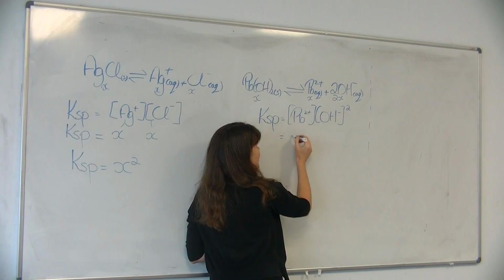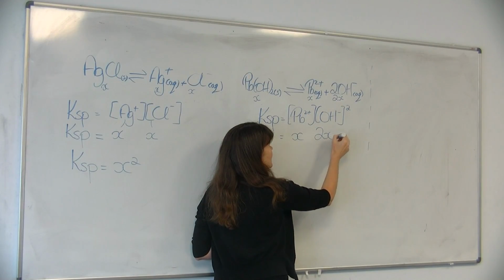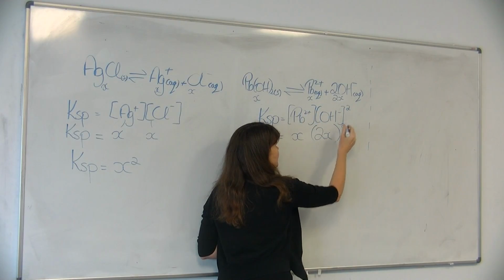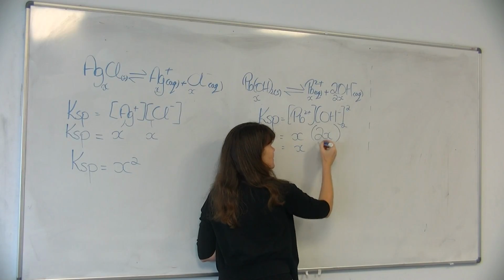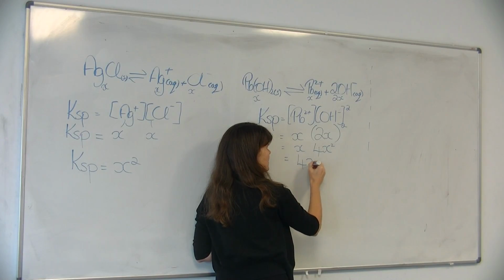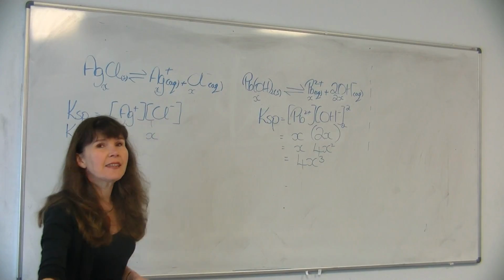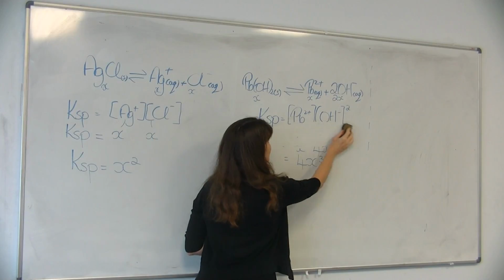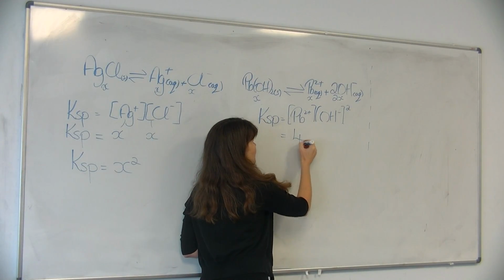When we put this into the KSP, it's going to go X, that guy is 2X, the hydroxides, but the whole term needs to be squared, which is X times 2X squared. 2 squared is 4, so 4X cubed. Okay, if you didn't like that, just remember this. If it's a 1 to 2, the solubility product, KSP, equals 4X cubed.